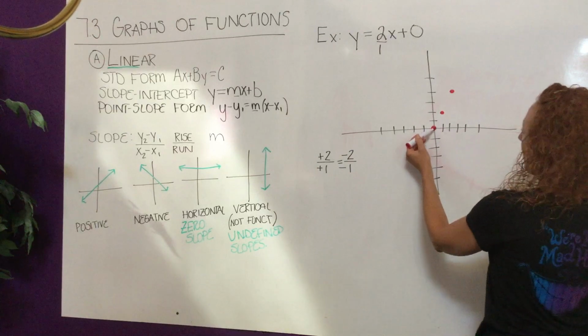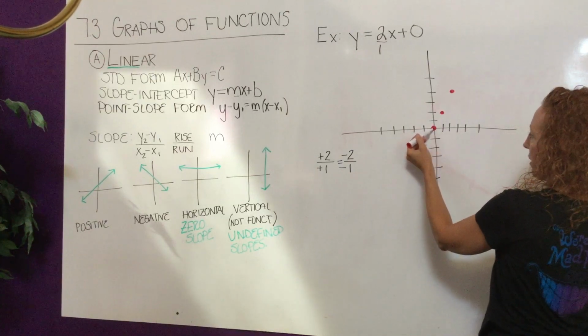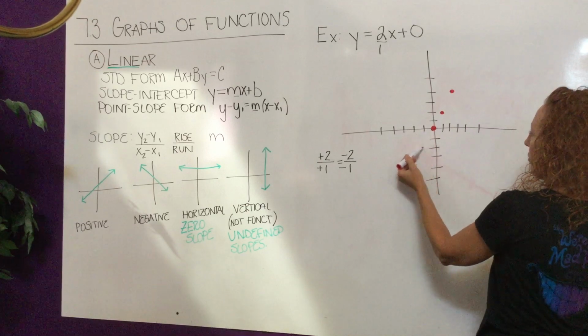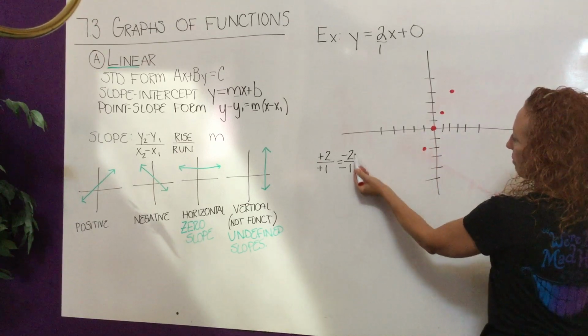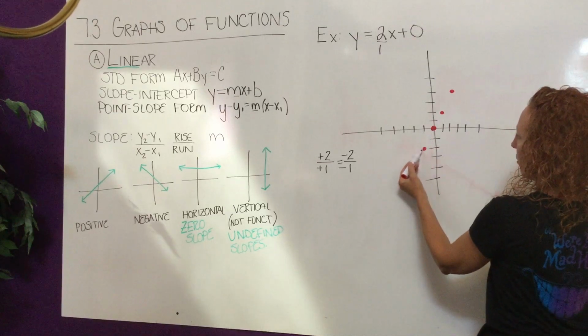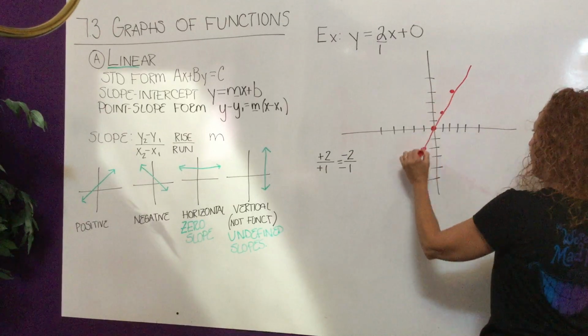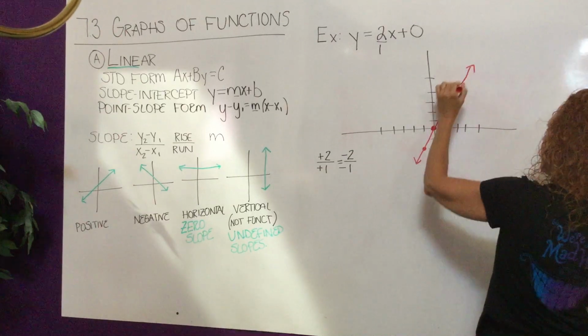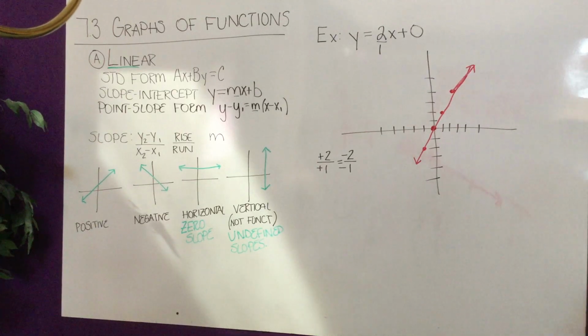So instead of going up 2, right 1, there are also going to be points on this graph that are down 2 and left 1. You can see when I double negative and go down and to the left, that's still going to line up with the rest of these dots. Well, if I can. My ability to draw on my own whiteboard here is not great today.